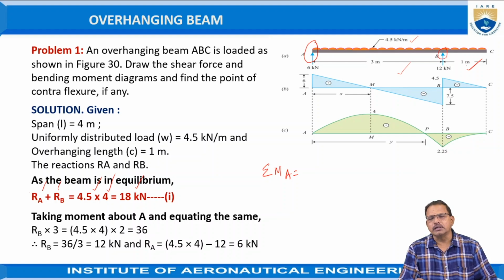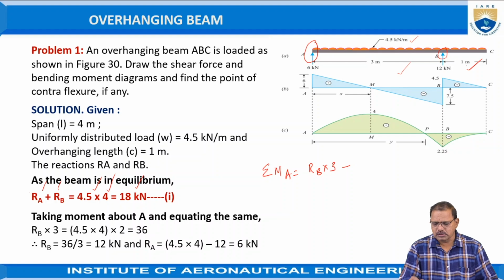So generally it is treated as positive. So RB into the distance 3. But the total load, that is 18 kilonewtons, acts in the downward direction. It tends to rotate the body in the clockwise direction. So the clockwise direction is treated as negative.